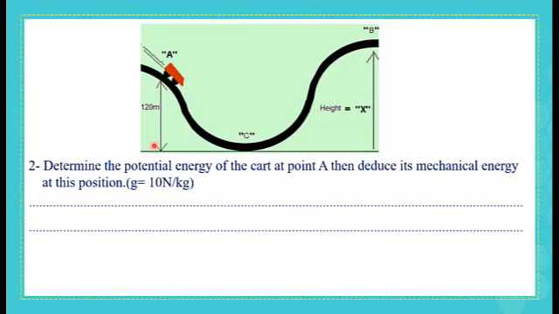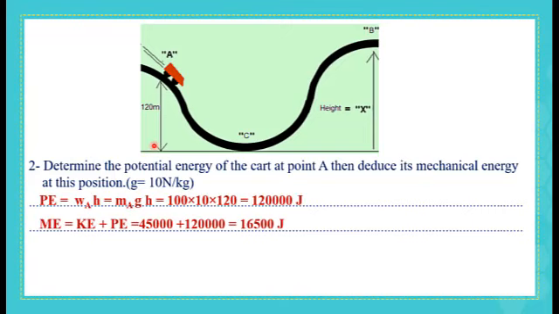Now the mechanical energy is equal to potential energy plus kinetic energy, so we add the value of potential energy and the value of kinetic energy. Of course, don't forget the unit, which is always joule.